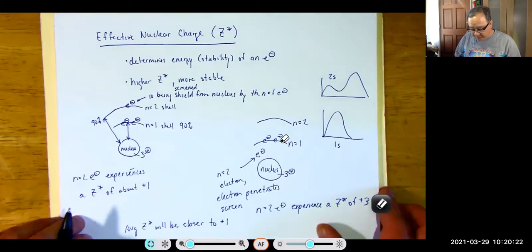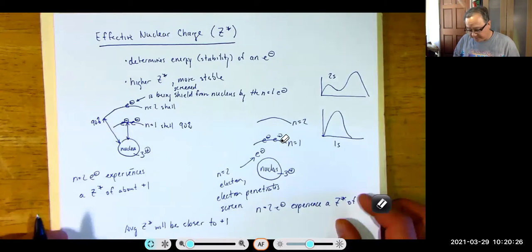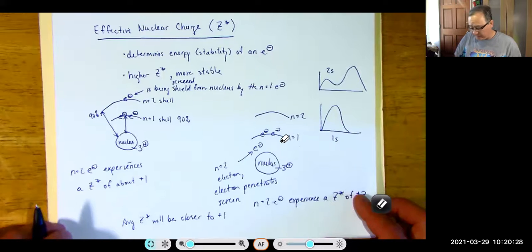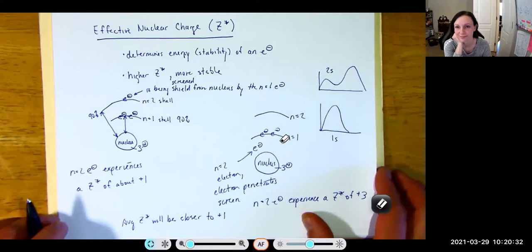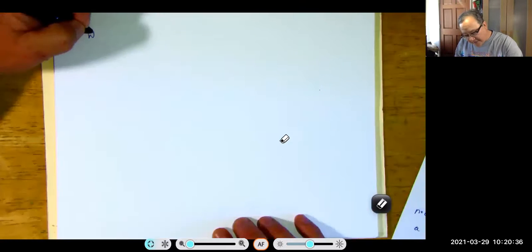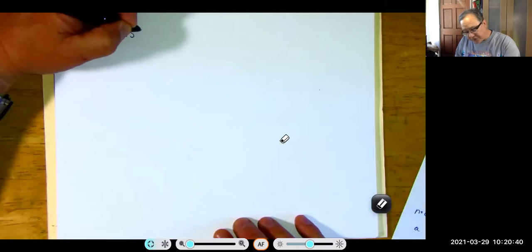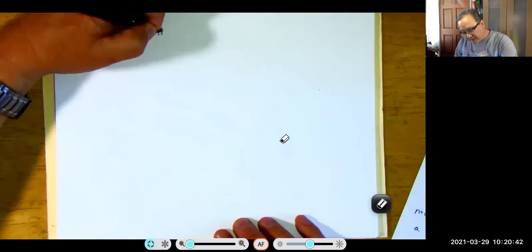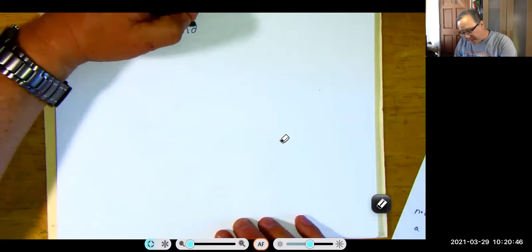Okay, so that's a start, but we have to finish it off. Are you ready? Okay. So here, this is why ns is more stable than np, is more stable than nd, is more stable than nf.